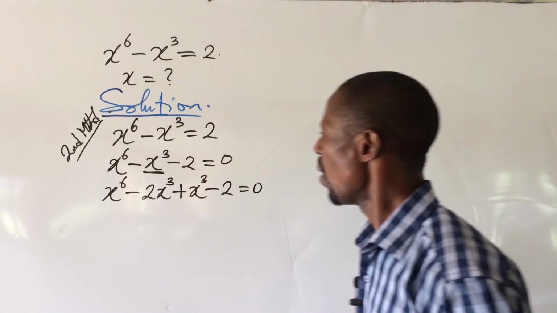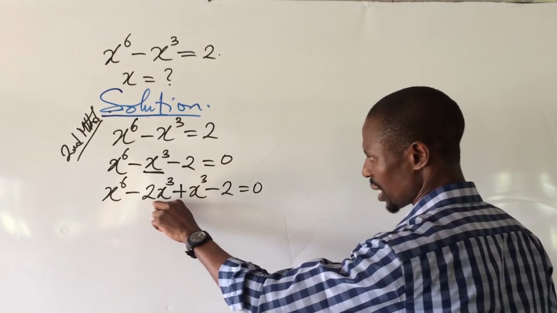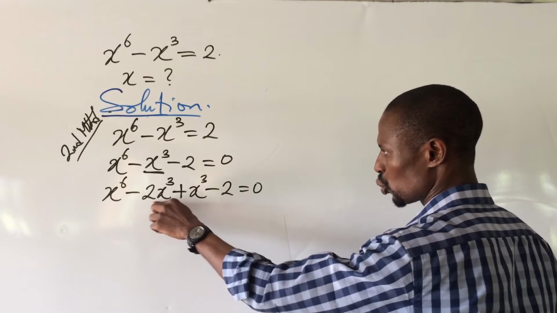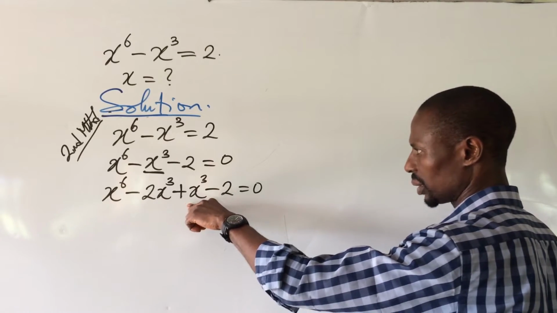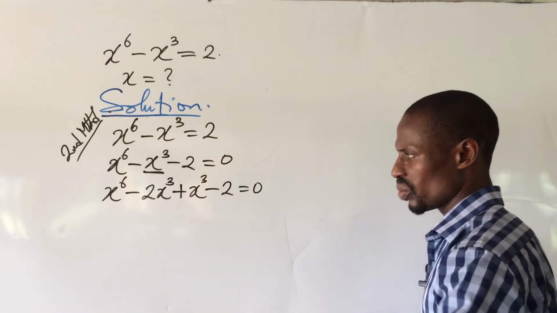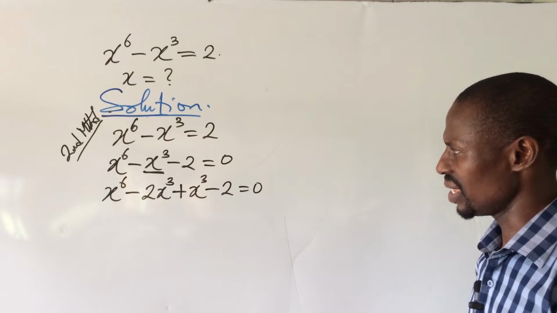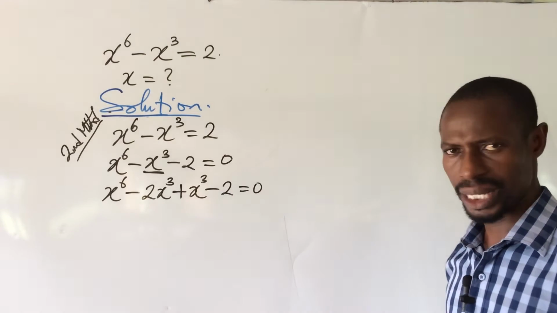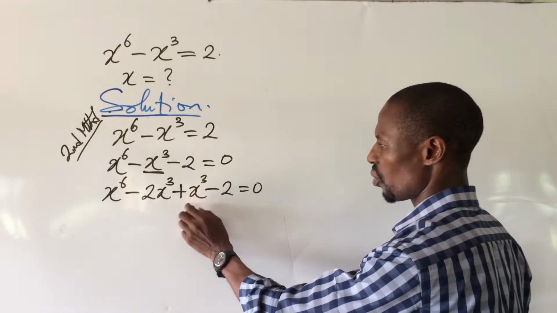Now, you may ask, why did I decide to use minus 2x plus x? You could as well use minus 5x plus 4x. But if you do that, you're going to run into trouble.